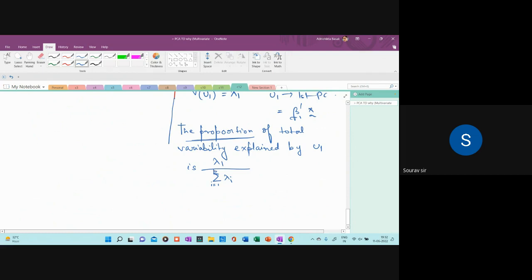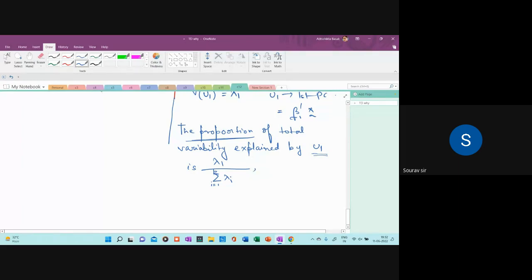Since variance of u1 is nothing but the eigenvalue itself and variance of u2 is nothing but the second eigenvalue itself, the proportion of variability explained by my first PC is lambda 1 by the summation over lambda i. If this proportion is satisfactory, we stop and replace X curl by u1.